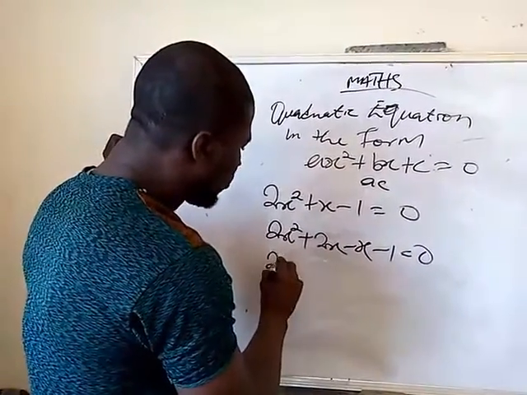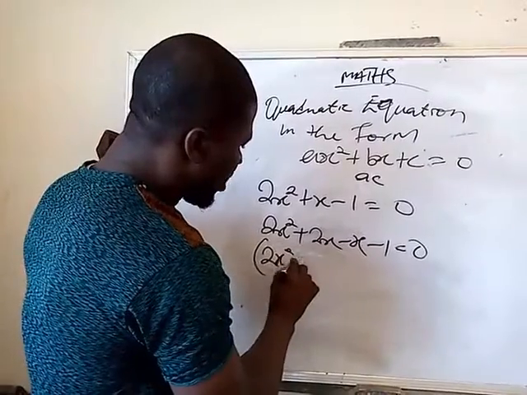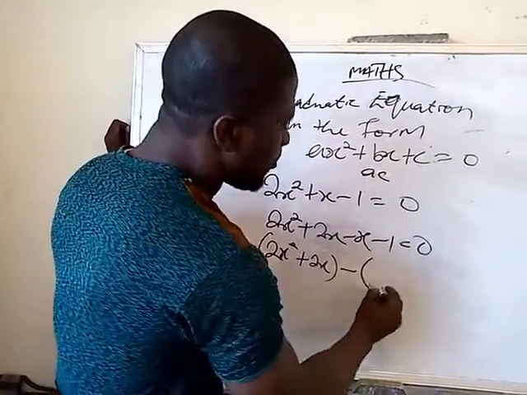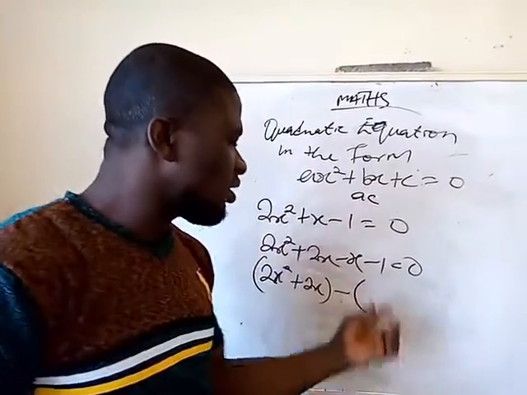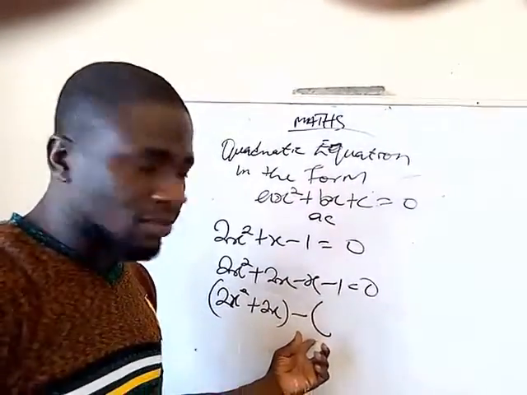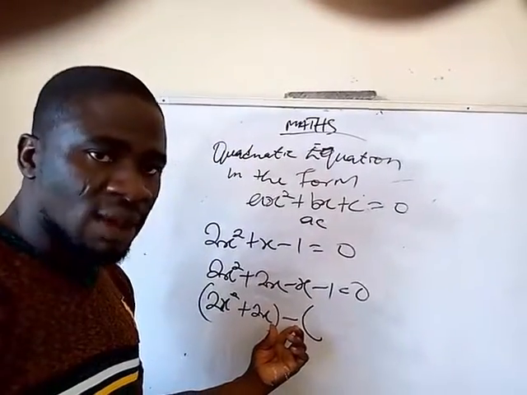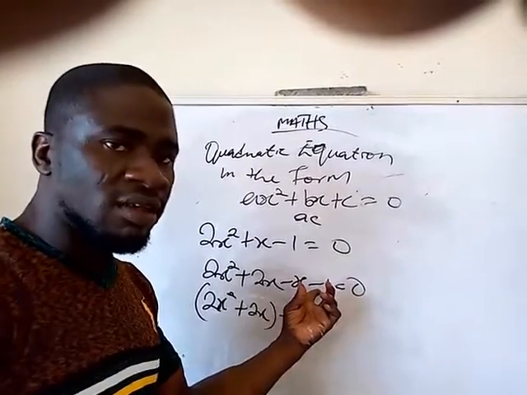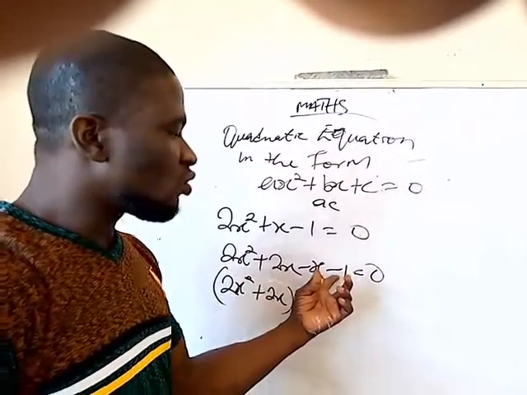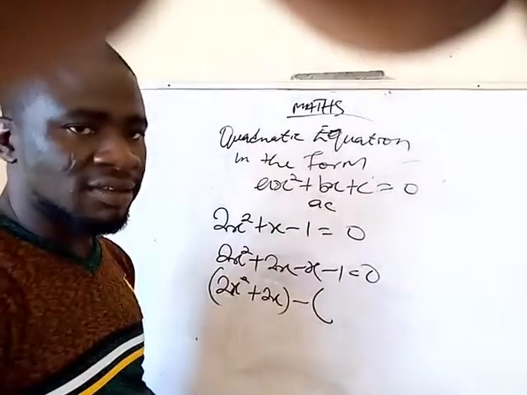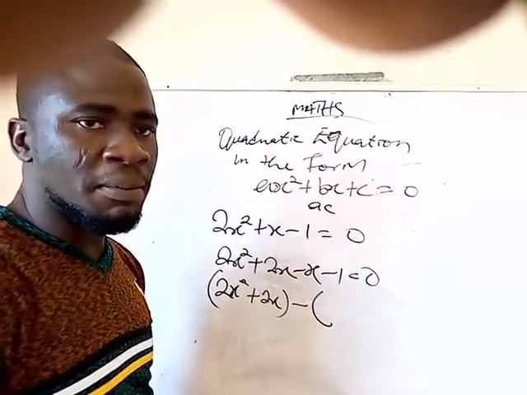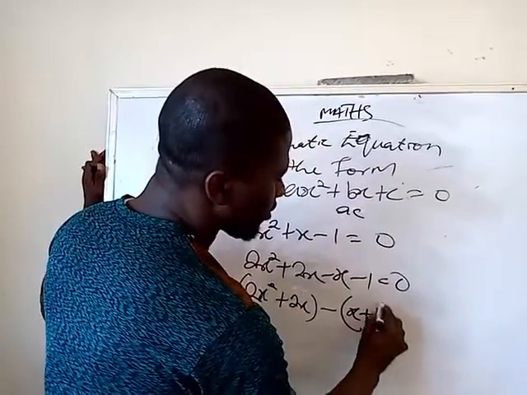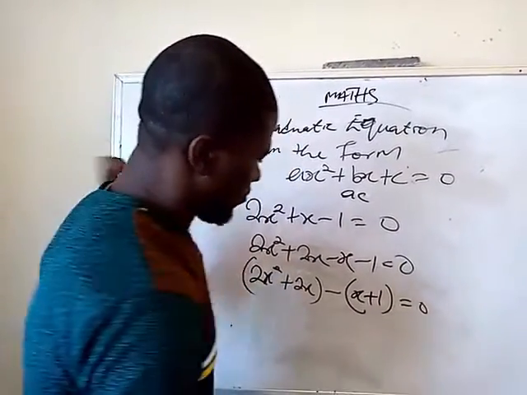You have 2x squared in brackets plus 2x minus open brackets. Because of this bracket and this minus sign outside the bracket, the minus in the middle will change to plus, so that when you open the bracket, it will return to its minus. So you have x plus 1 equal to 0.